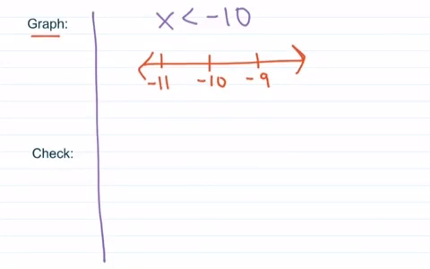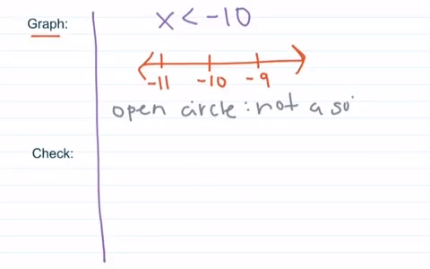When we shade our solution, we leave the circle open if it is not a solution. If it is a solution, we shade the circle, or close the circle.